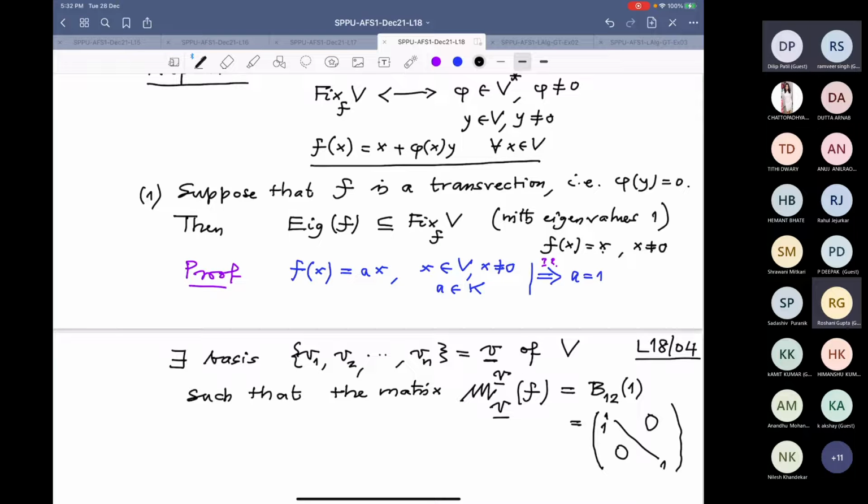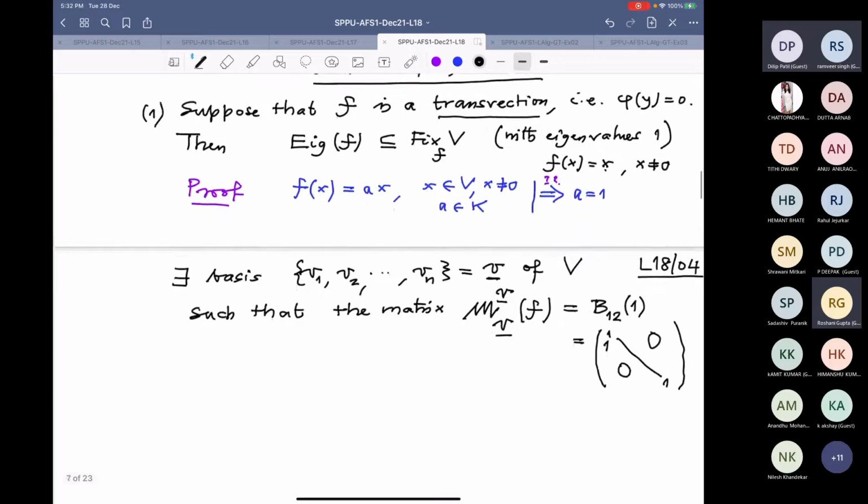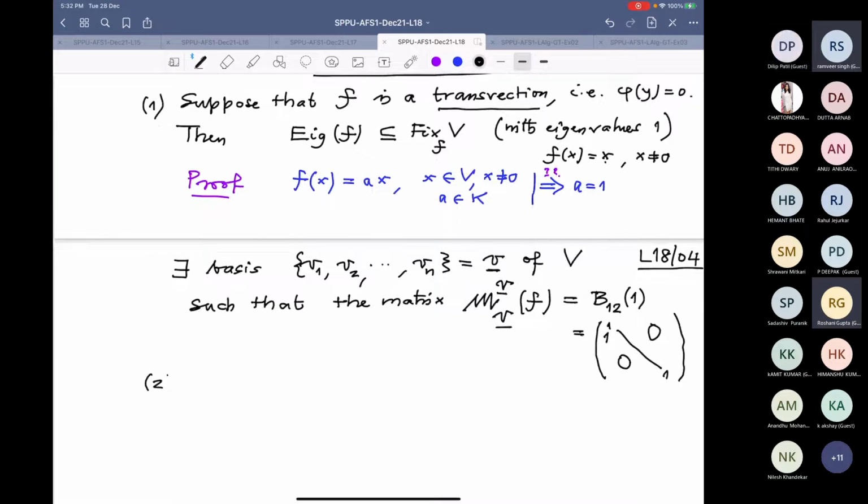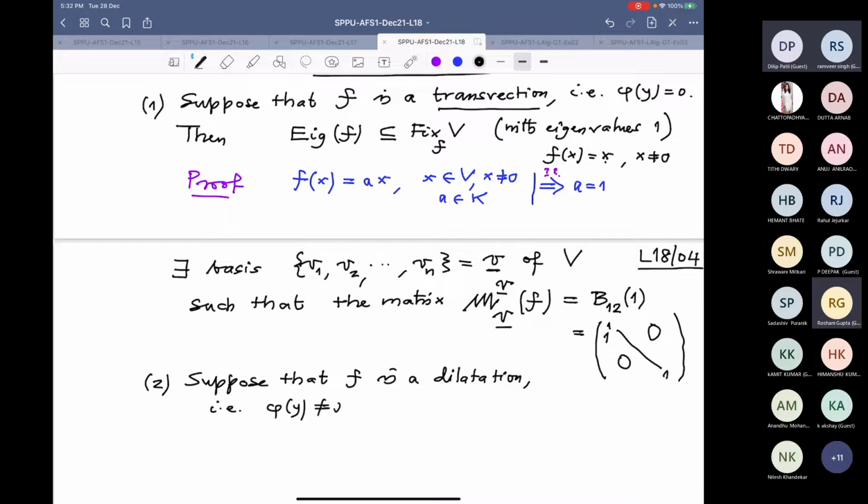So that was one. And I will write down for the dilation also, so that you will not feel left out about what happens to the dilation. So now the second: suppose that F is a dilatation, that is, phi of y is non-zero.